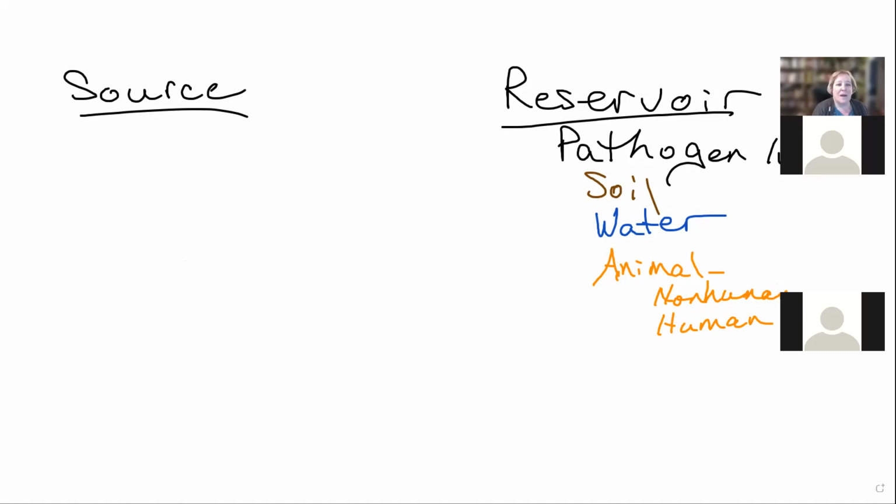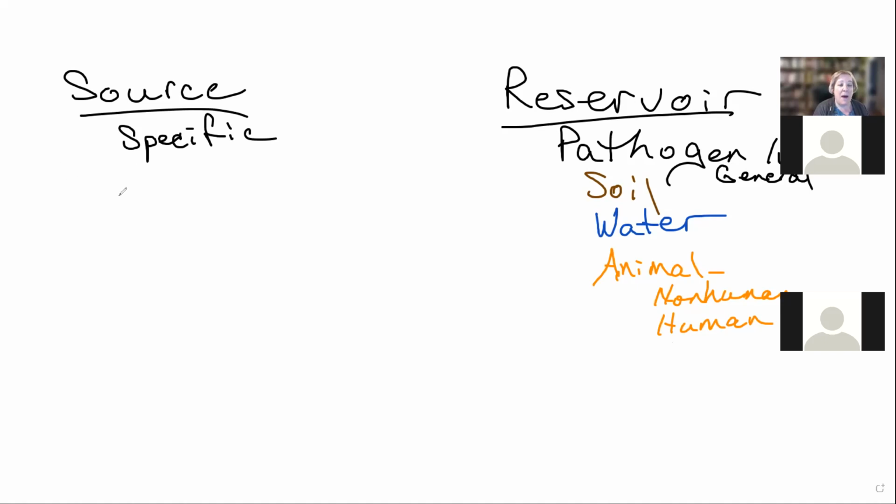Okay. So the source is specific. A reservoir is general. So we've got pathogens that tend to hang out in people in general.